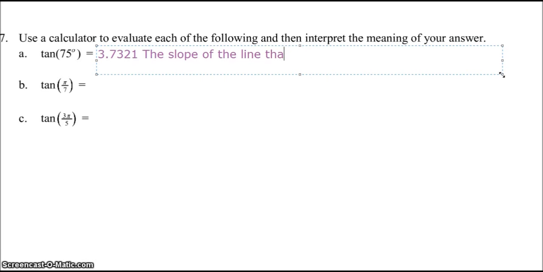Let's say the slope of the terminal ray whose angle is 75 degrees is 3.7321.